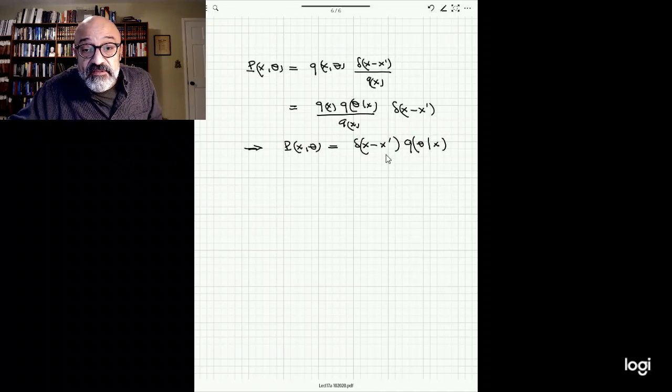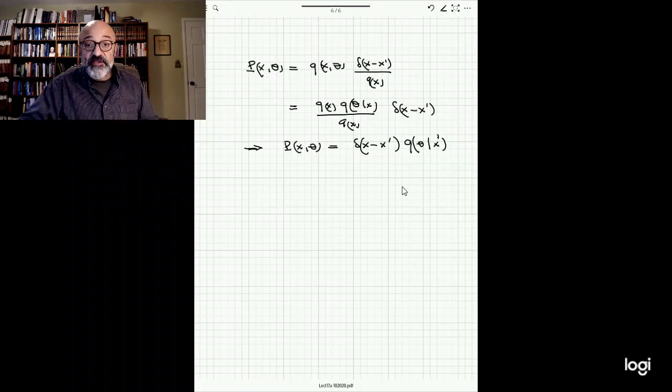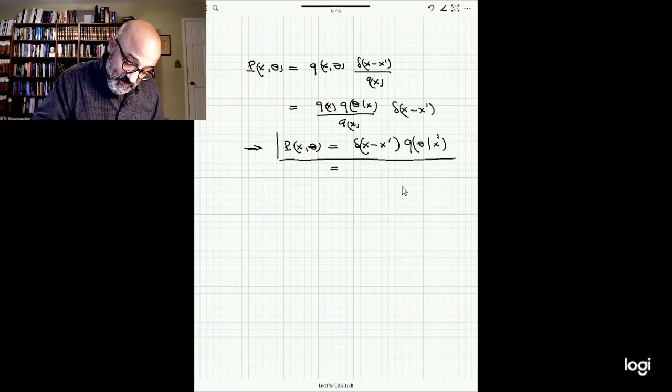Because this is 0 unless x equals x prime, I can always put a prime there. So this is the conclusion, and this is the posterior.